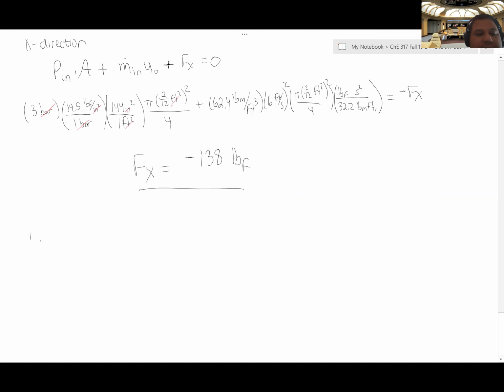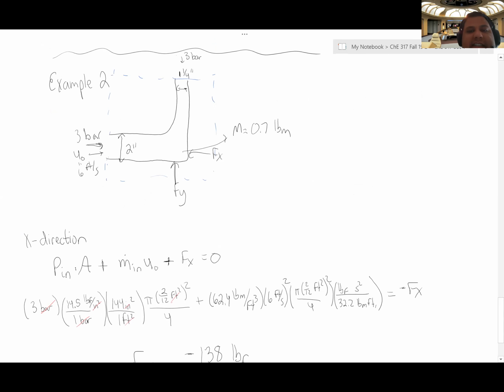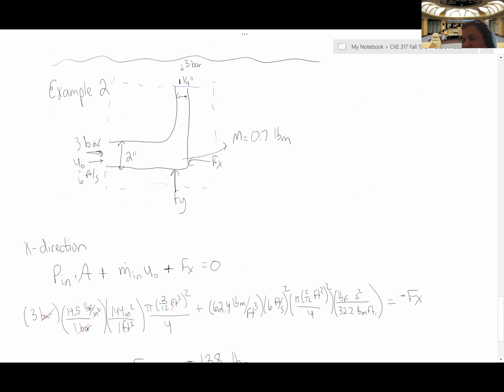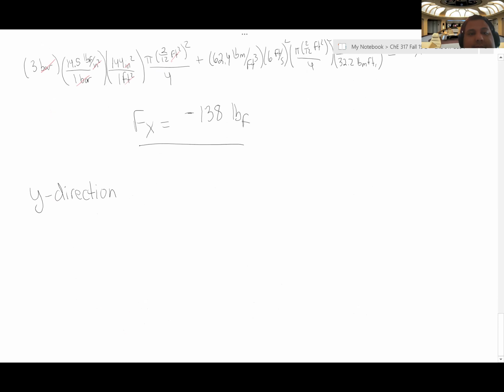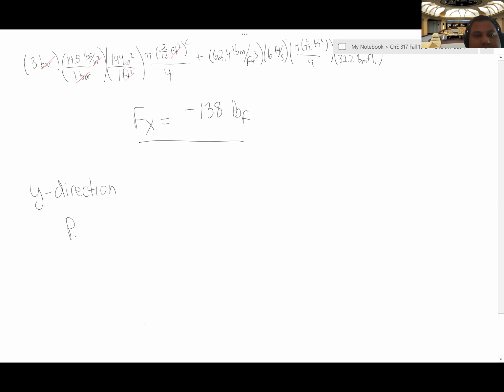Now I can look at the y direction. So what forces are involved in the y direction? You have the pressure times area again. Is it going to be positive or negative?